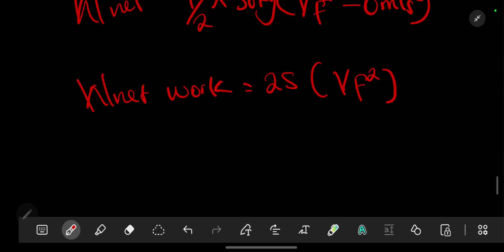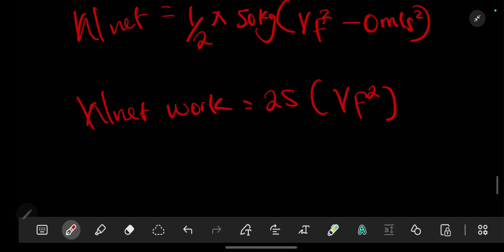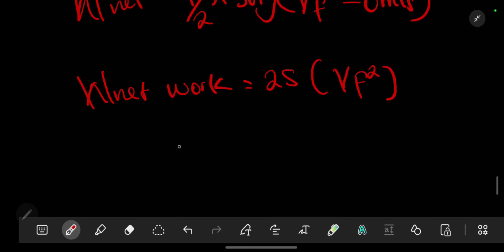Now remember, the net work done is equivalent to 134.7. So the net work is the total work. If you add all the work, it is equal to the change in the kinetic energy.